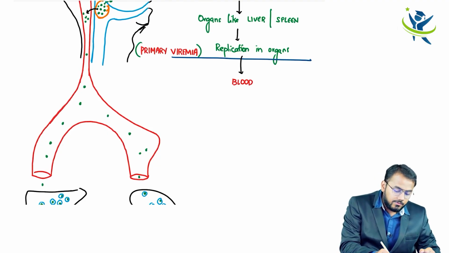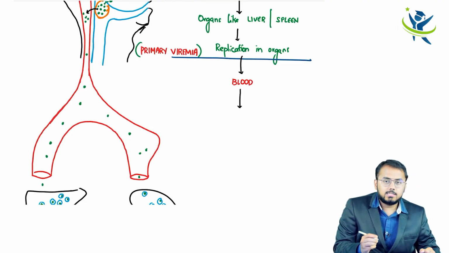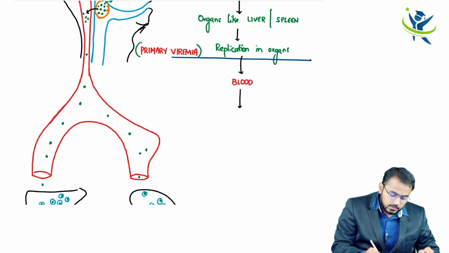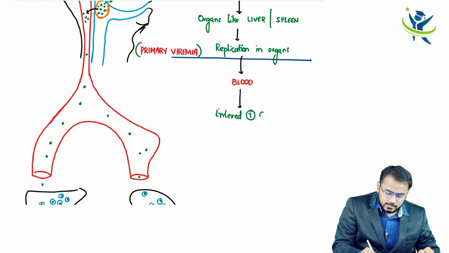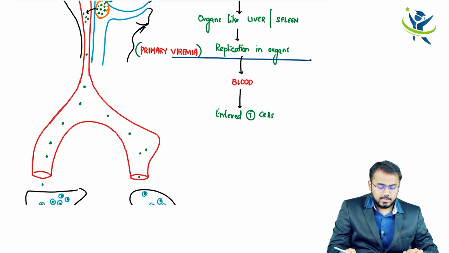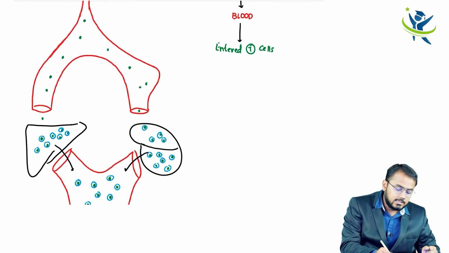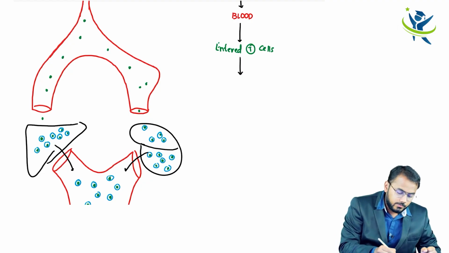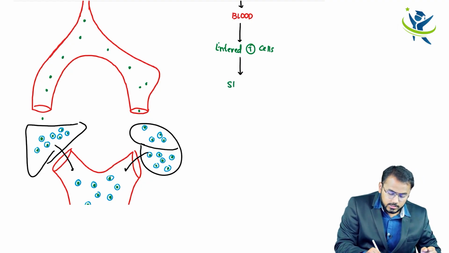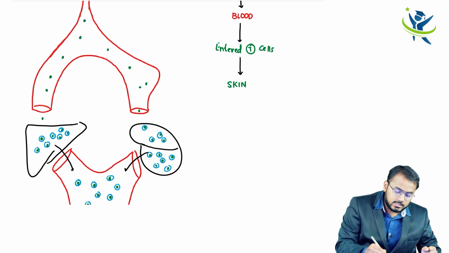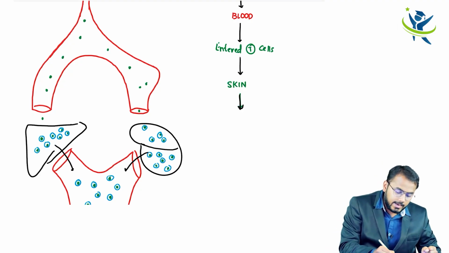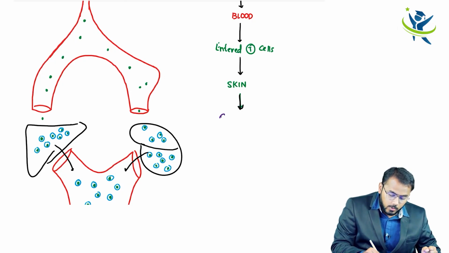From there, the virus entered into the T cells, I mean it affected the T cells, and once after entering into the T cells, this virus took its way all the way to the skin. And what did it cause in the skin? It caused a condition called chickenpox.